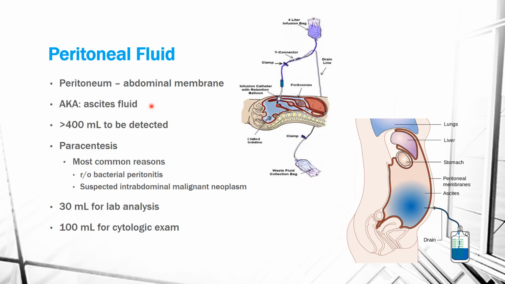So if it builds up, which can happen because, again, of changes in osmotic forces, you could have increased pressure somewhere. Maybe the patient has congestive heart failure or something like that. That can actually lead to a buildup of fluid in the gut. Okay, but if there's no infectious or inflammatory process going on, then it'll just be a transudate. Okay, it should still look like an ultrafiltrate of the plasma.